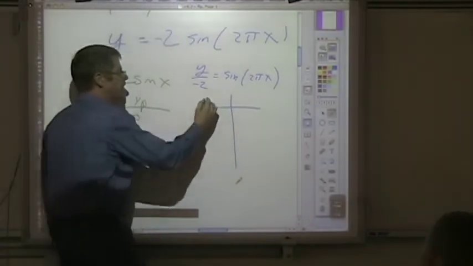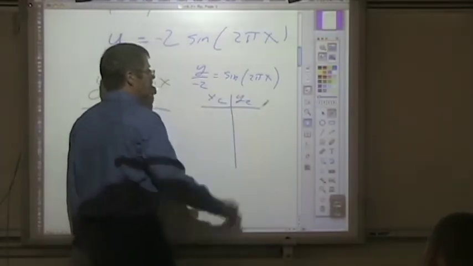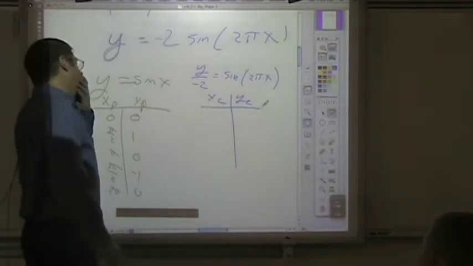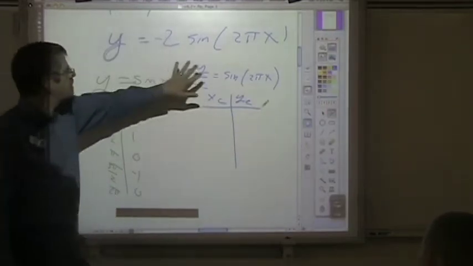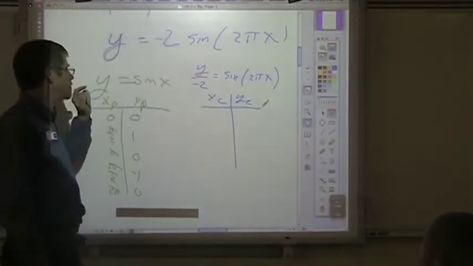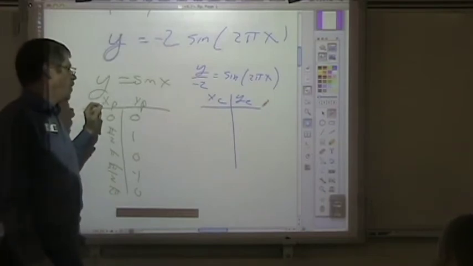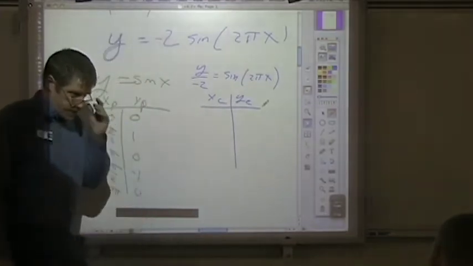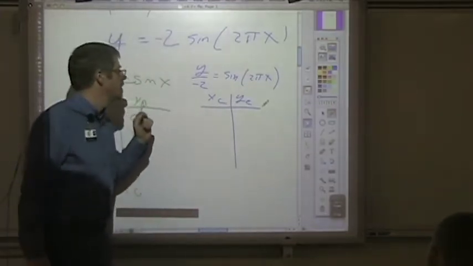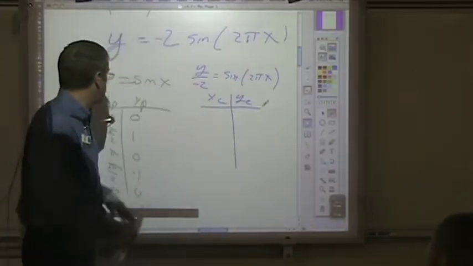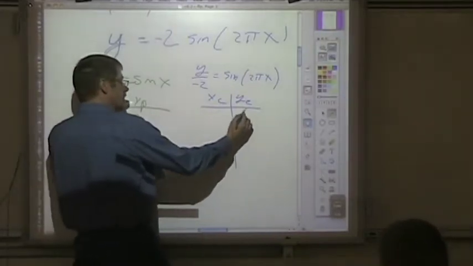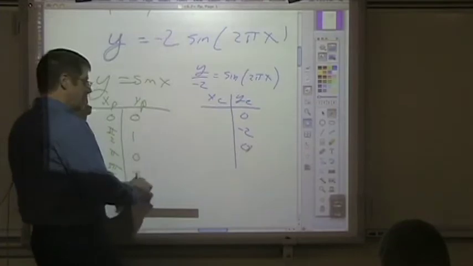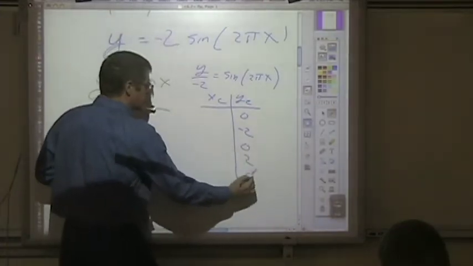So let's set up the x child, y child. Tell me, Stephen, what would you do to the y parent values to get y child values? I would multiply them all by -2. That's right. Multiply by -2 is correct. Well done. So that's 0, -2, 0. Multiply that by -2 to get +2 and 0.